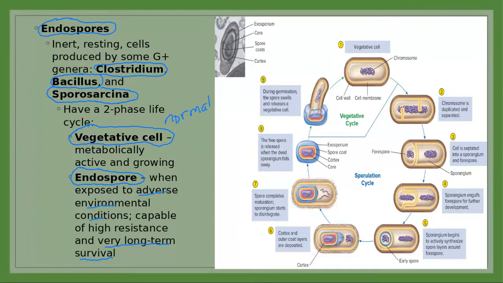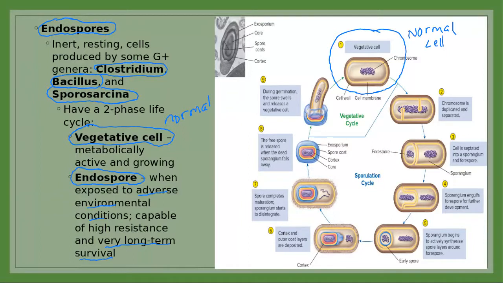Again, this is the cycle. During normal condition, they will be in the form of vegetative cell, the normal cell in normal condition. During this time, they are able to reproduce and so on.